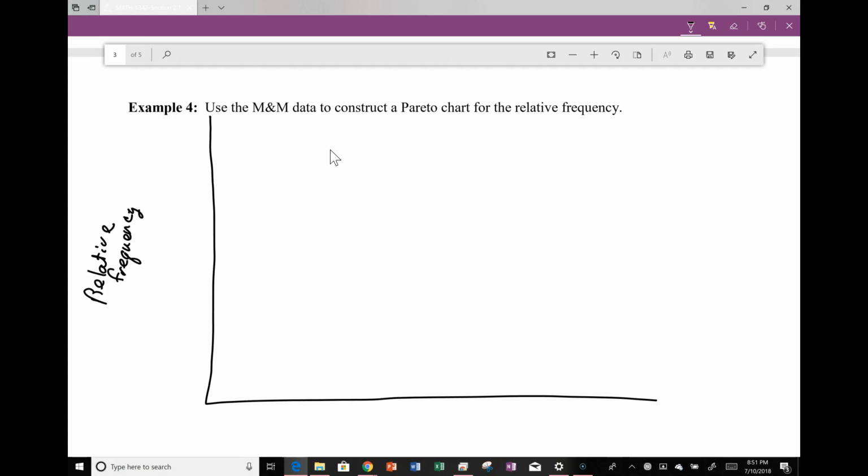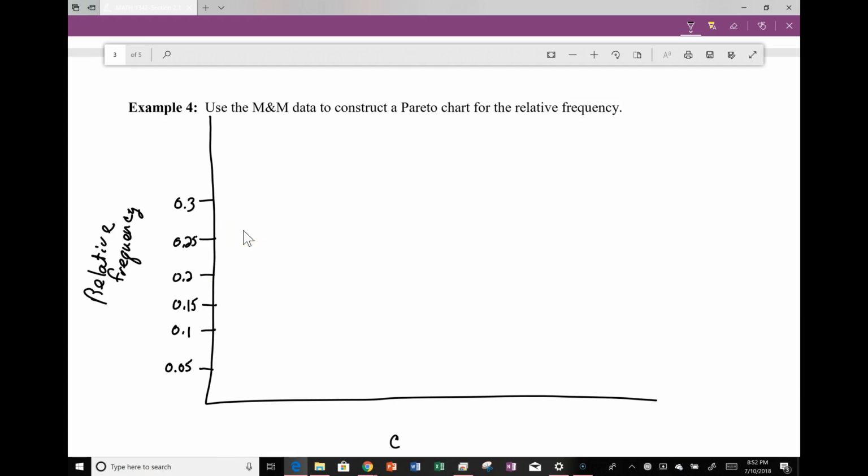My relative frequencies ranged anywhere from a 0.06 to a 0.267. So if I count, if I say 0.05, 0.1, 0.15, 0.2, 0.25, 0.3, that allows me enough for all of my relative frequencies that I'm looking at.